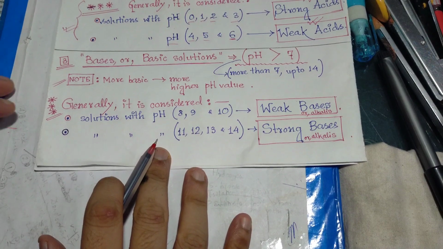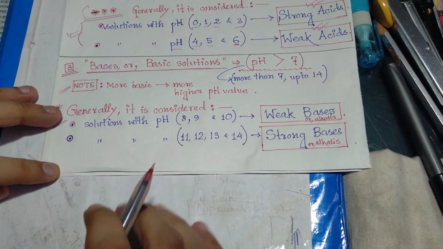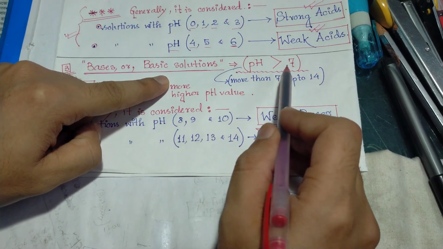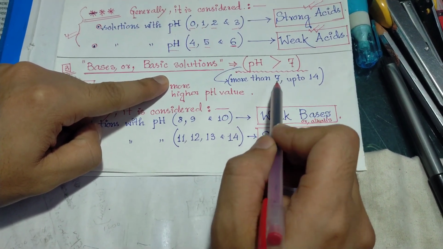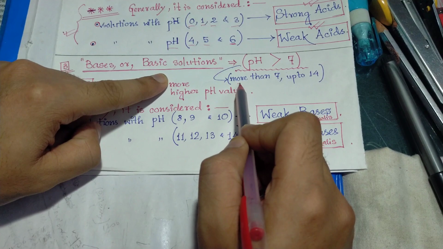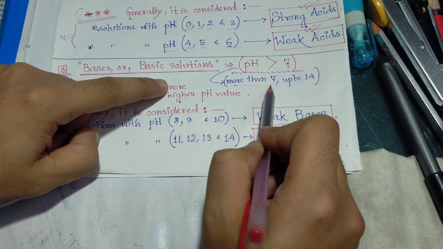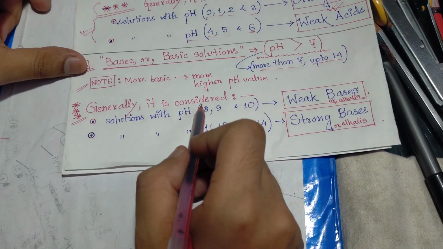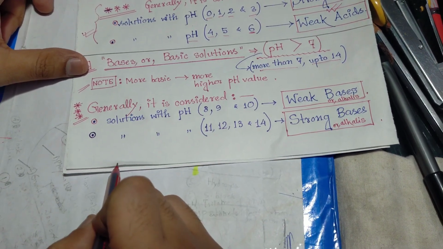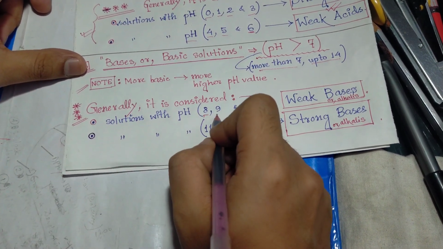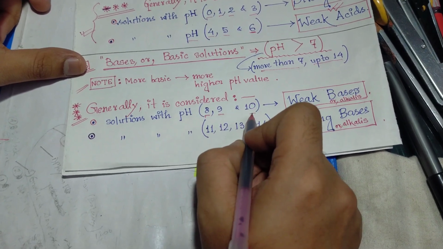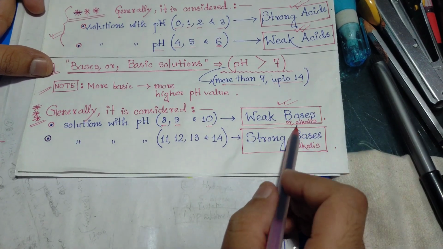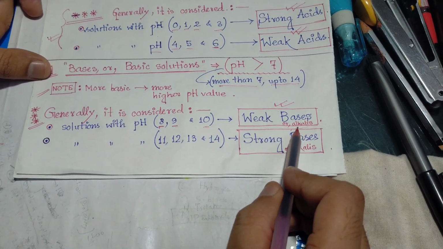Now the next rule of pH is for basic solutions: pH is more than 7 and up to 14. Generally, basic solutions with pH values 8, 9 and 10 are considered weak bases or weak alkalis.